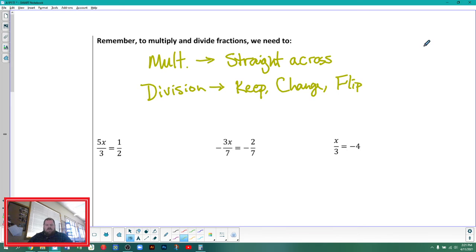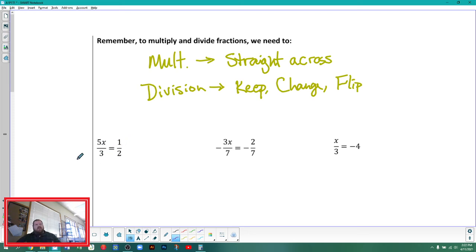Okay, so let's go ahead and put that into place here. These ones, I'm going to treat them a little bit differently than how they're written, but it is the exact same thing. So in a problem like this, I'll do both of these problems different ways, just to let you pick the one that you'd rather do. So for the first one, I think of this as 5 times x divided by 3.